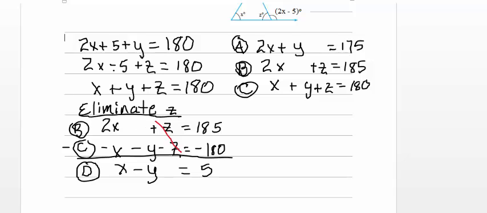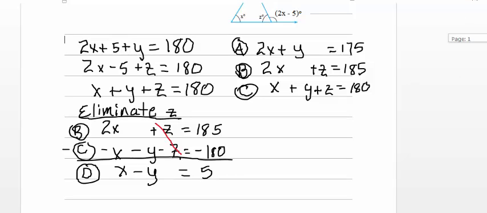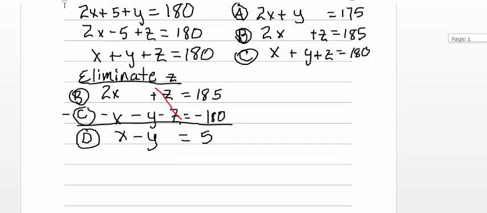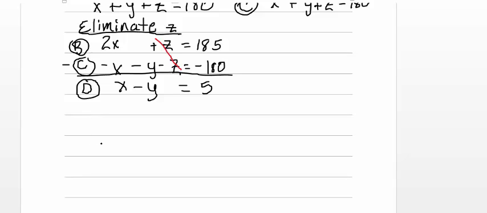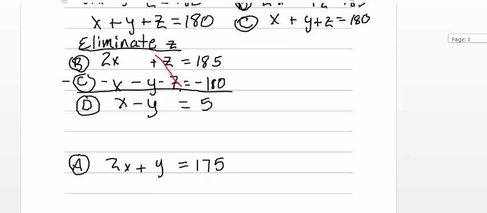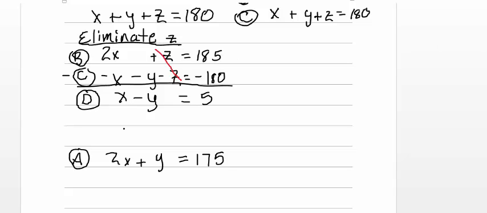And then notice I have equation A, which also involves x and y. And that is 2x plus y equals 175. So that was equation A. And if I add that to equation D, I will eliminate y.